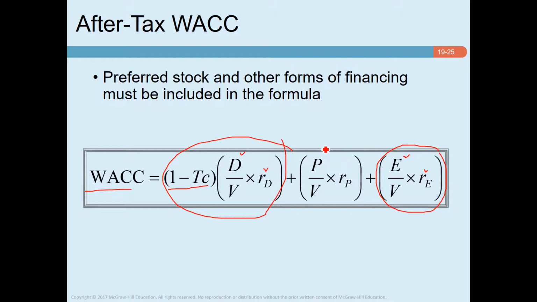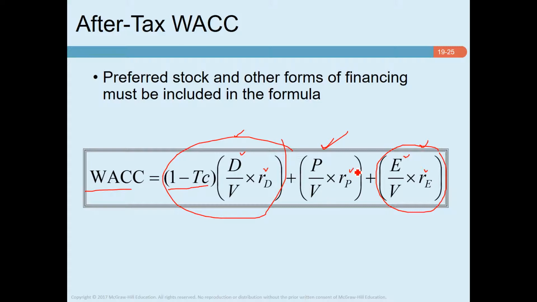Now we have an additional component, that is preferred stock. Since we are including common stock, preferred stock, and debt, all these three components will contribute to calculating weighted average cost of capital. So you can see that we are calculating in a similar way. This is the cost of preferred stock.